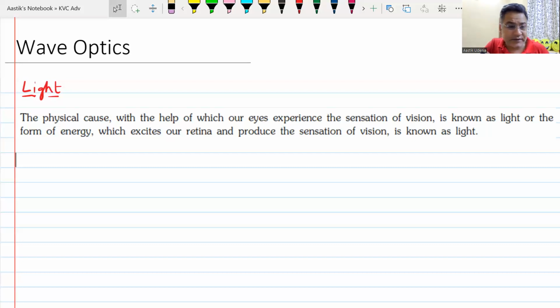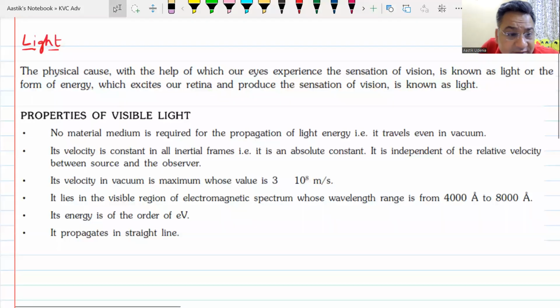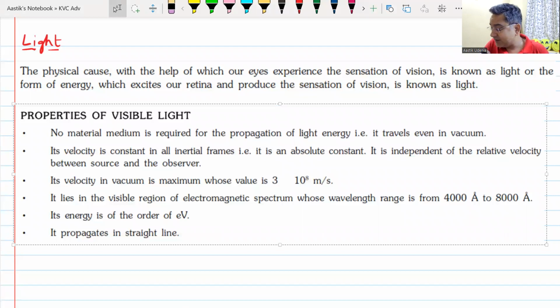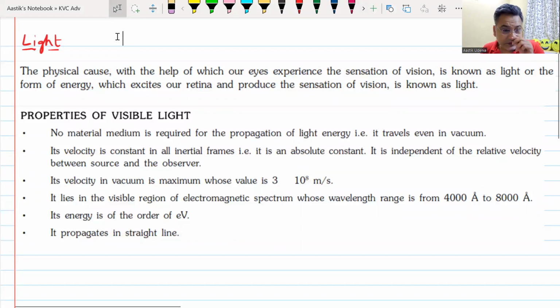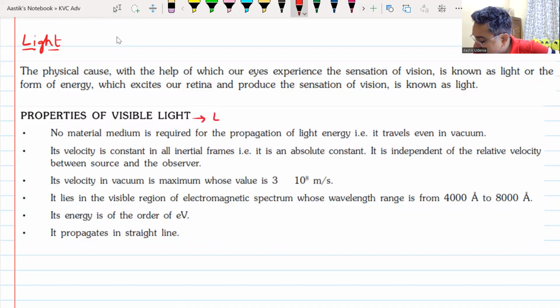We have seen in the chapter on electromagnetic waves that light is an electromagnetic wave. Any type of light is an EM wave. It does not require any material medium. It can travel through vacuum. Its velocity is constant in all inertial frames, and the velocity is equal to 3 into 10 raised to the power 8 meters per second.